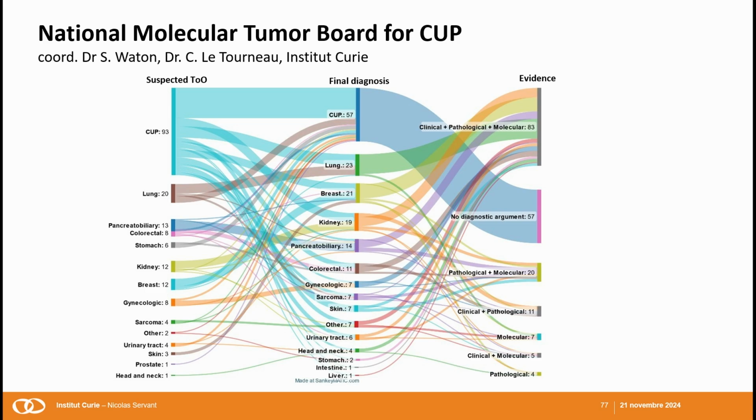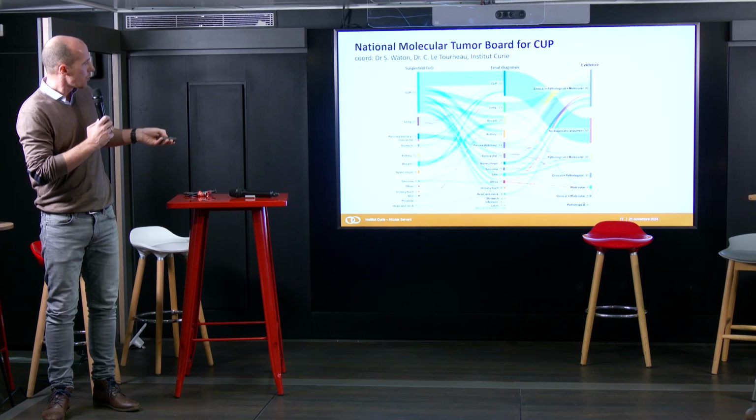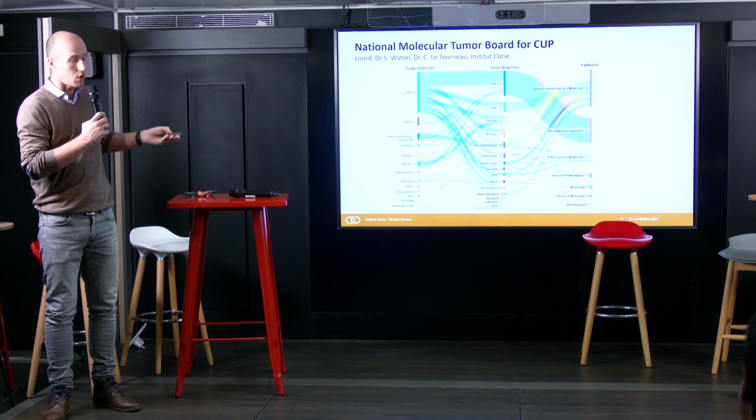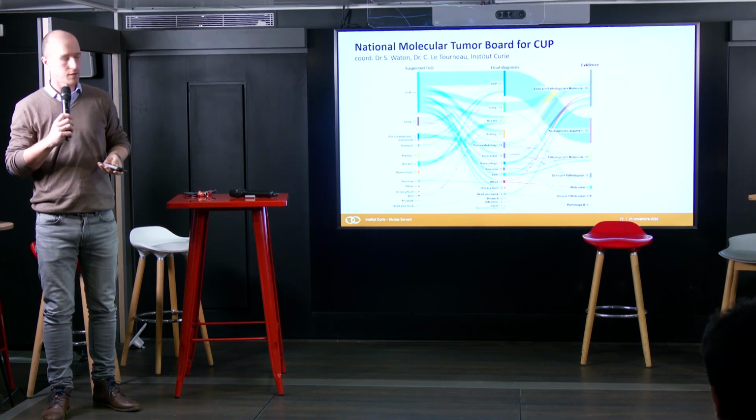In other cases, they have some idea because of the clinical history of the patients or other available data. What is interesting here is the final diagnosis, so the final output of the molecular tumor board. You see that for almost two thirds of the patients for whom at the beginning we have absolutely no idea where the cancer comes from, at the end we are able to propose at least one origin of the tumor, and then to orient the treatment to those organs.